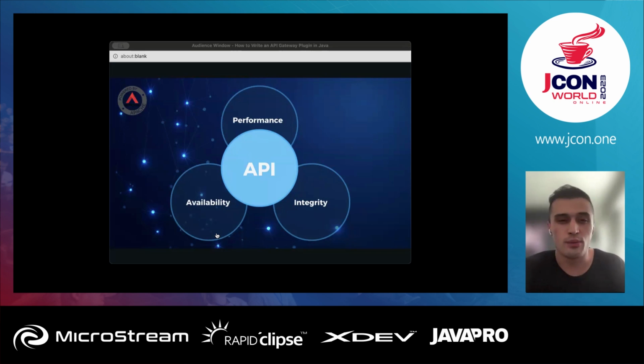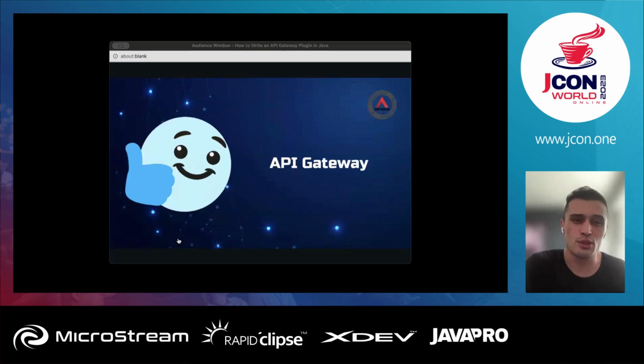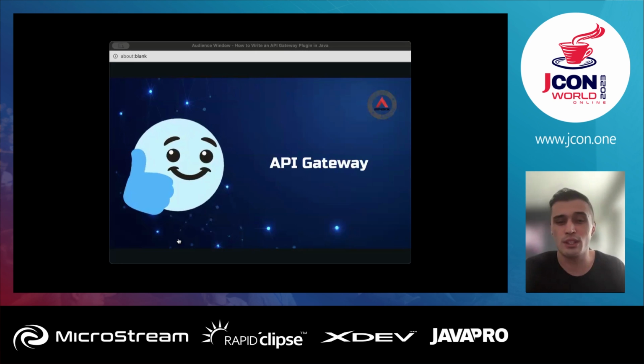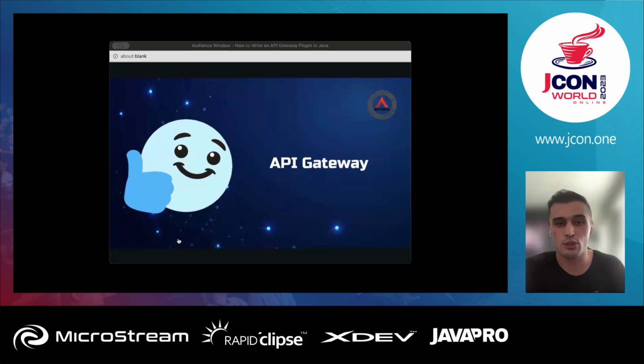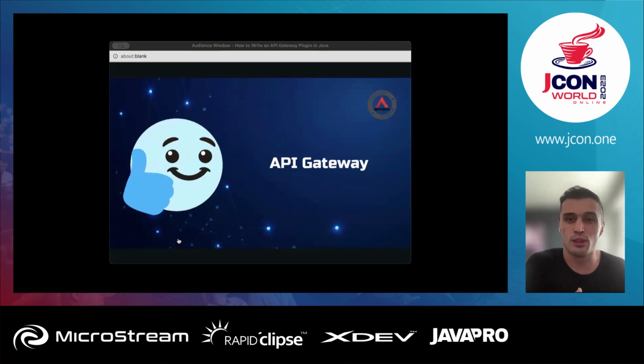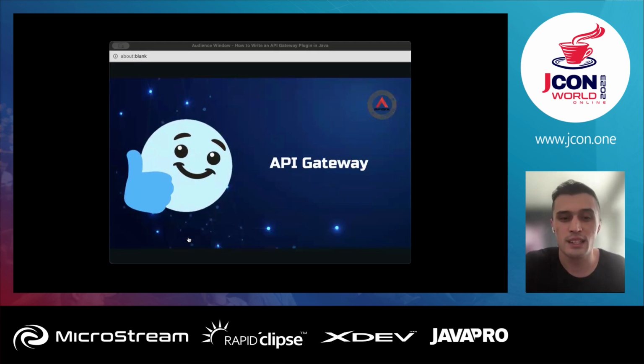There are many ways of achieving that. Of course, someone says we need to monitor continuously. We need to develop well-tested APIs from the beginning. But one of the solutions I'm bringing today is that you can also use an API Gateway to build successful APIs.